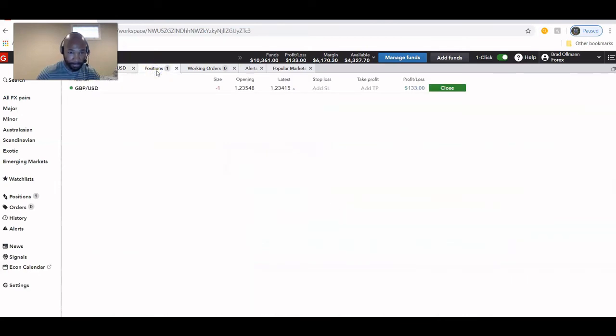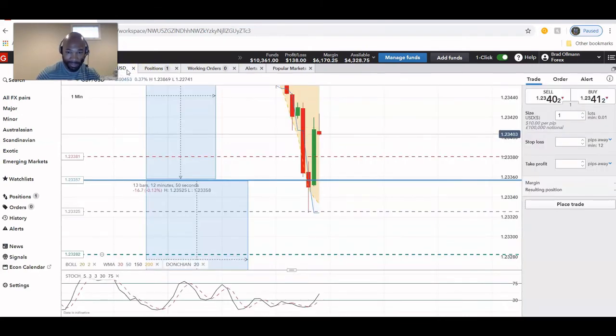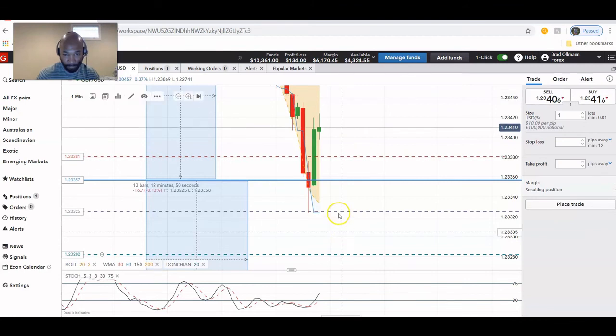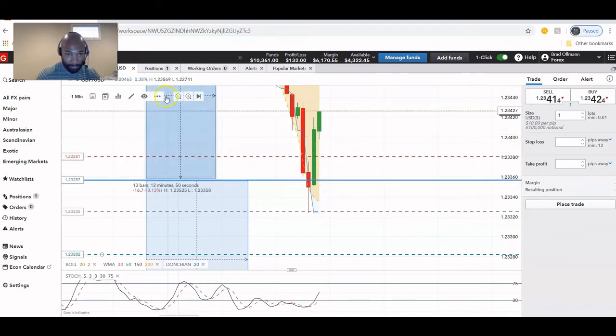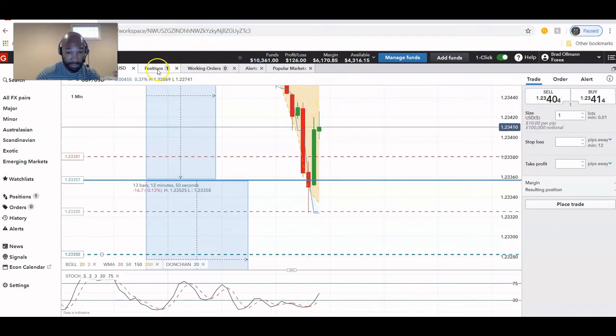Okay. It's reached this line, which we should be happy about. Guys, we shouldn't be greedy. If it goes and touches that line, we have to accept.